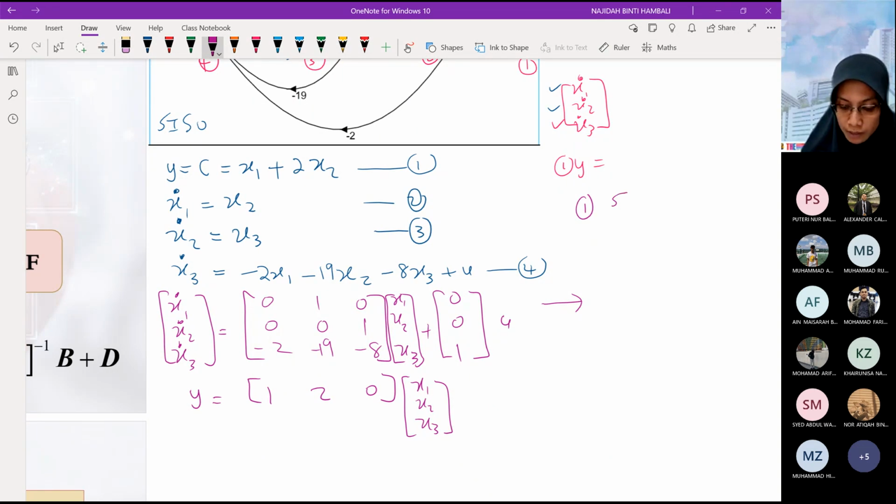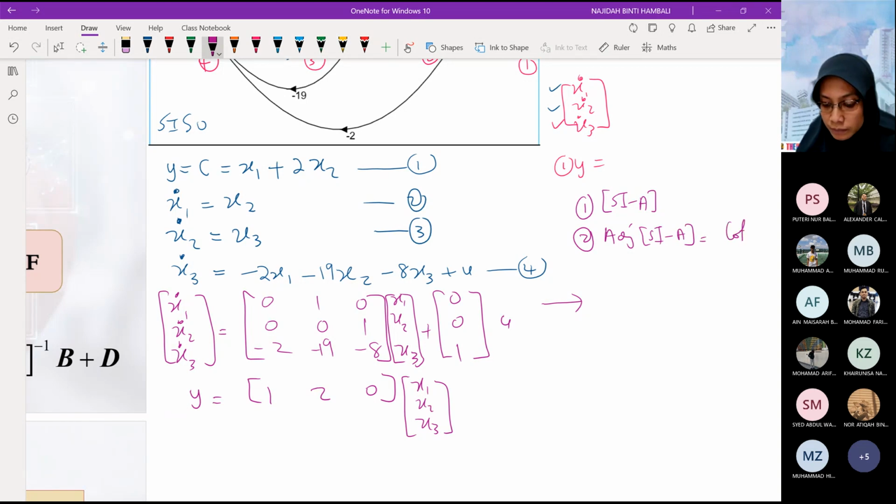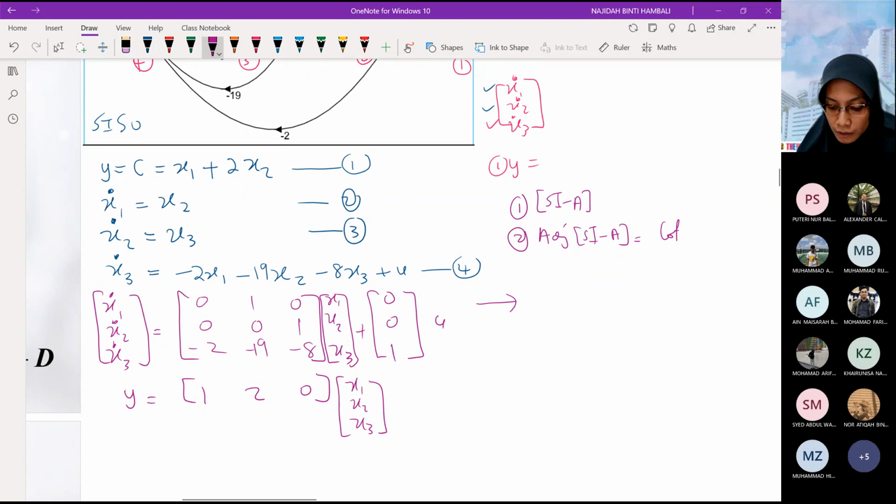You construct sI minus A matrix, and then number second, determine the adjoint of sI minus A, which you determine the cofactor of sI minus A, and then you transpose.